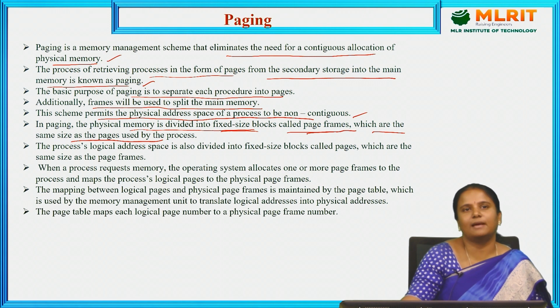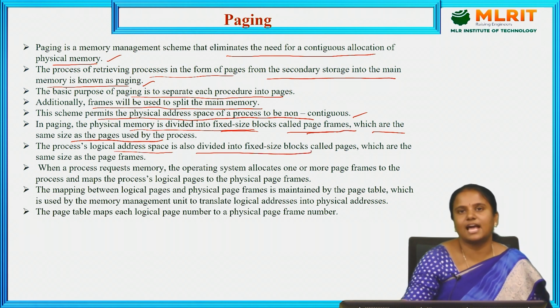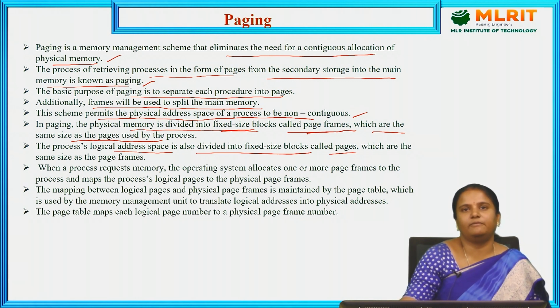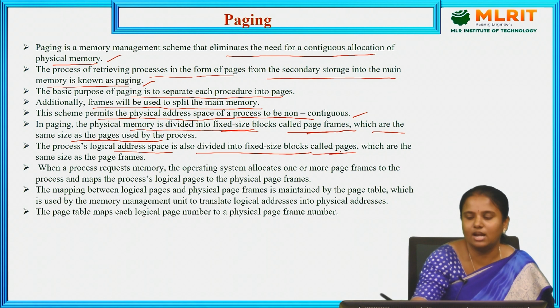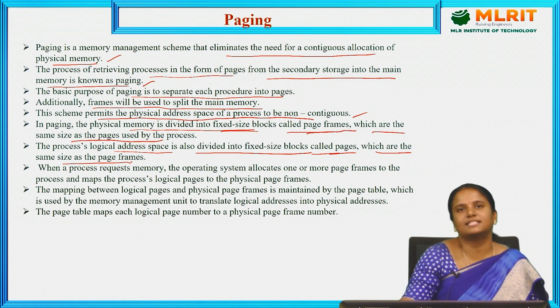The process's logical address space is divided into fixed-size blocks called pages, which are the same size as the page frames. So whatever the size of the page frame, the pages should have the same fixed size.